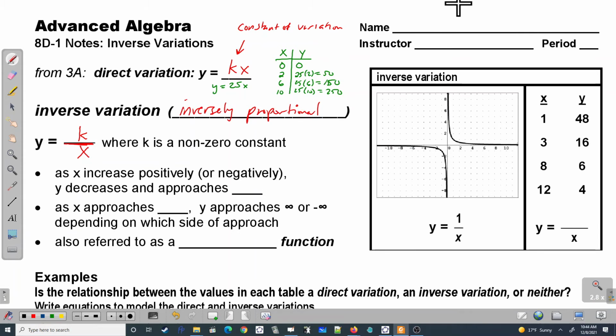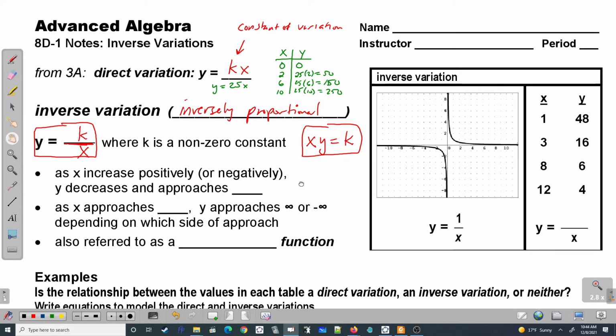Another way to write this equation is if you multiply both sides by x, you could actually write this as xy equal to k. And for some people, that's actually an easier way to do this. So this and this both set up an inverse variation.